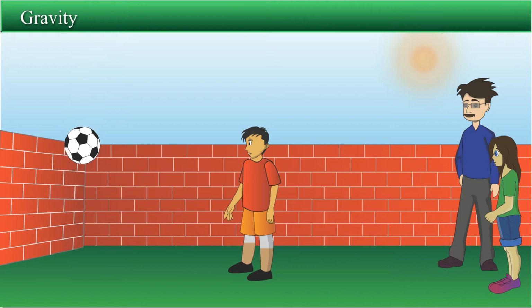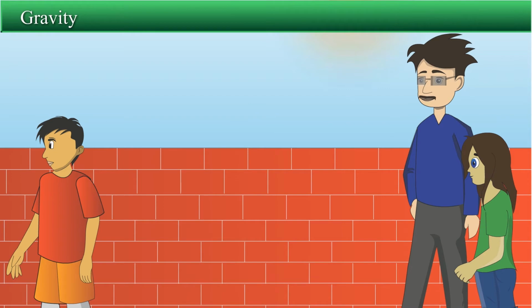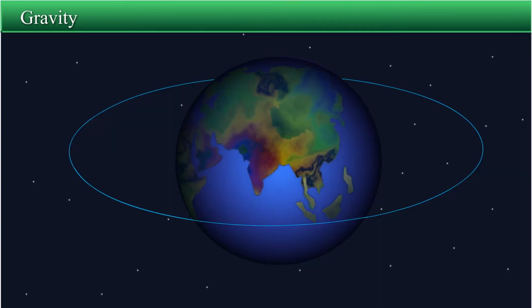What are you thinking about? Dad, I am thinking why do all objects fall downwards when they are thrown up? This is because the Earth has a gravitational force that attracts the objects towards it. Do you know the reason behind the revolution of the Moon around the Earth?